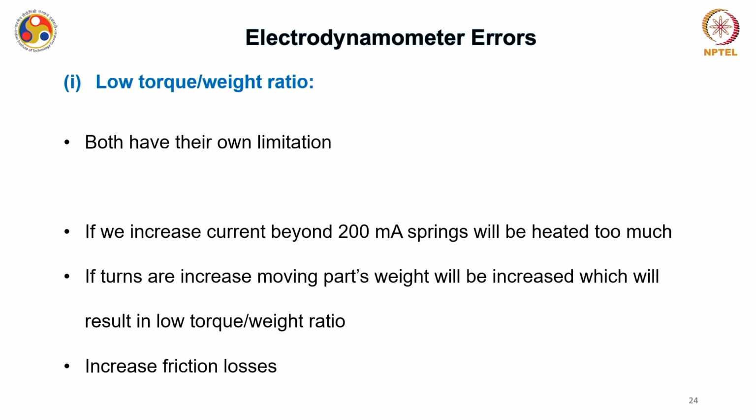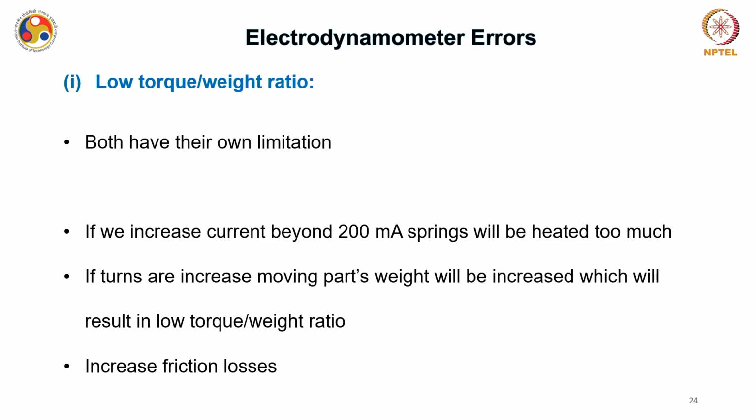First let's try to understand increasing the current to increase the MMF. If we increase the current beyond say 150 or 200 milliamp, we have seen that for control we have added springs. The springs will be heated too much and you cannot rely on the spring value, or the torque will go wrong.